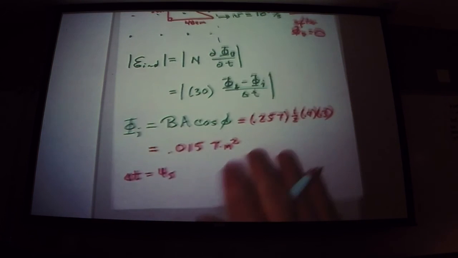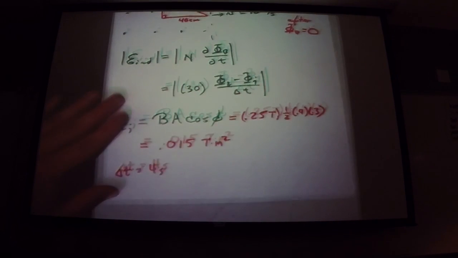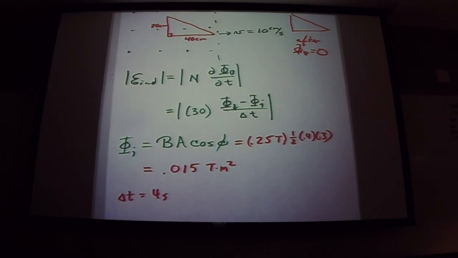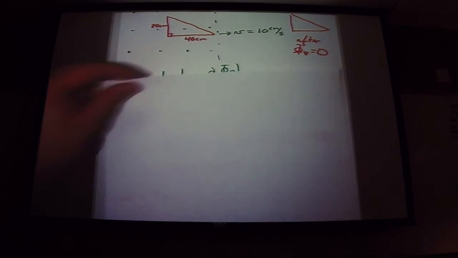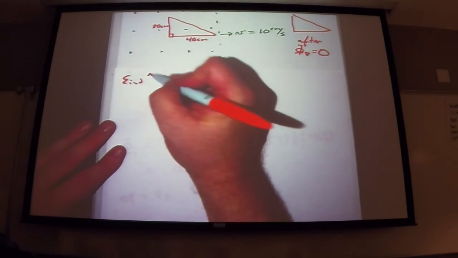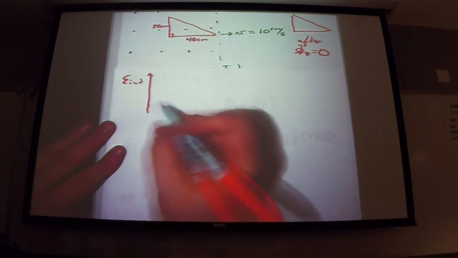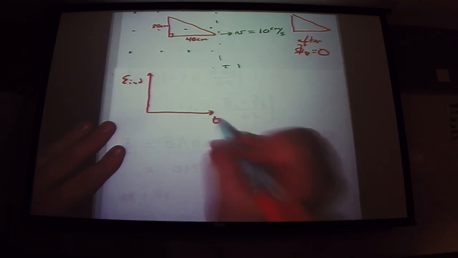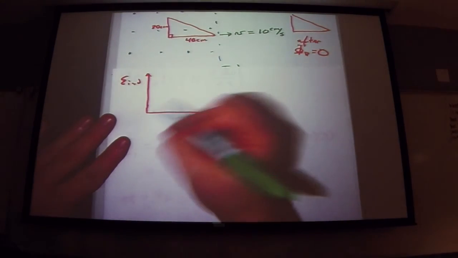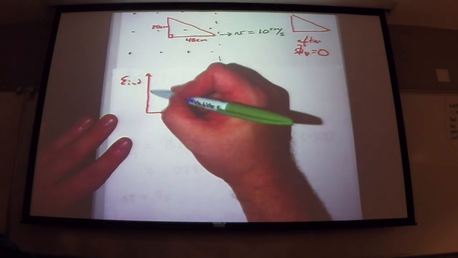A couple other things I wanted to ask you. This is the average induced voltage here. If I were to look at the induced voltage as a function of time, just the absolute value of it, would it do this?